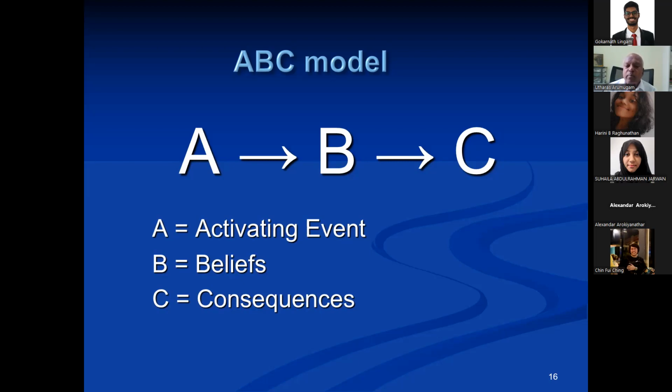Now, people normally say A caused the C. But from the philosophical basis we just looked at a moment ago, actually A doesn't cause the C, it's the B that leads to the C. It's the way we perceive the A. The A cannot cause the C. It's the way we perceive the A, our cognitive processing about the A, that leads to the C. So normally people will make the AC connection, but what we say is that we have to teach them to make the BC connection.